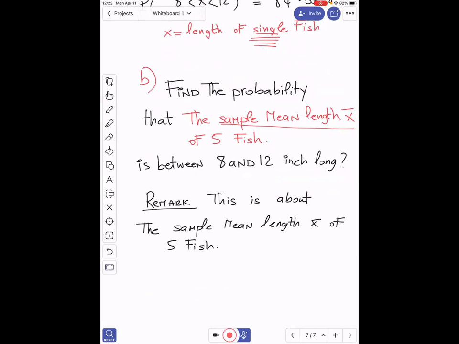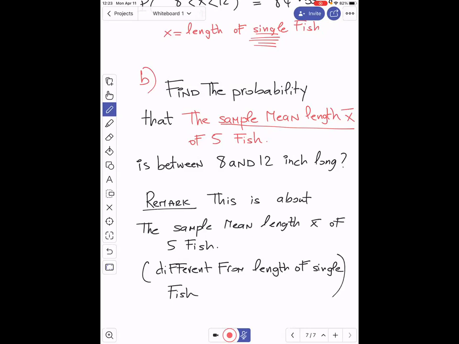This is the mean length of 5 fish, so it is different from the length of a single fish.